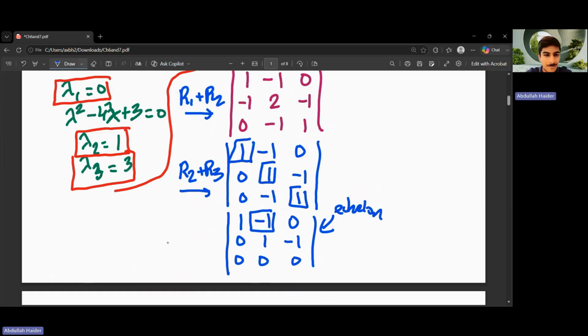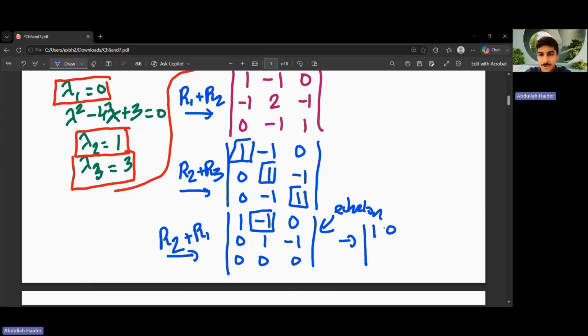And how I do this is, if I add this row to this row, I'll get a 0 here, meaning adding row 2 to row 1. So hence I will get 1 minus 1 gives you 0.